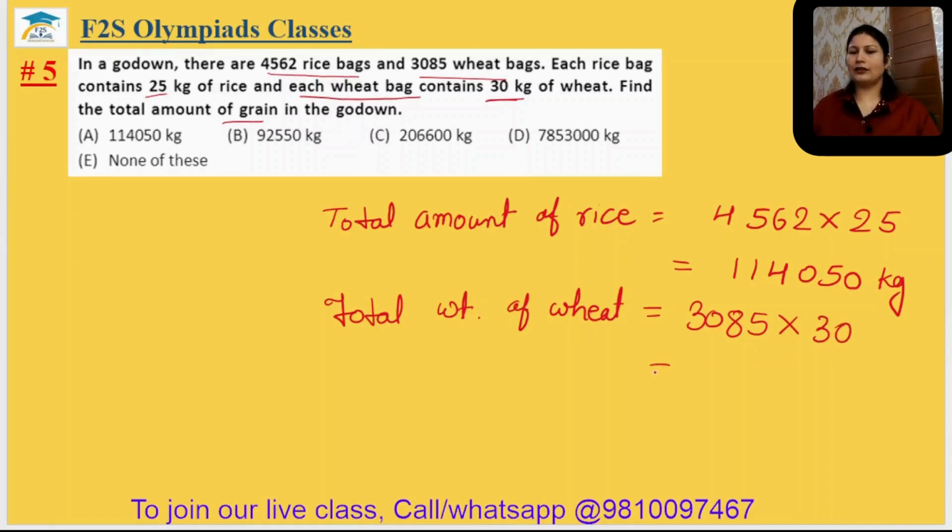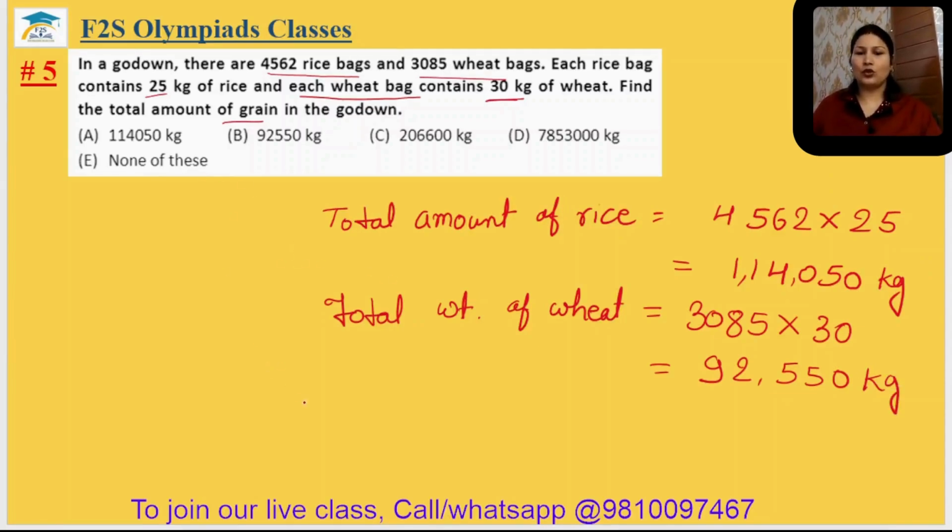So one bag contains 30 kg. So 3085 bags will contain, to multiply with 30. After multiplying, you will get 92550. You can put comma here also, in the Indian system of numeration. This number of amount is here.